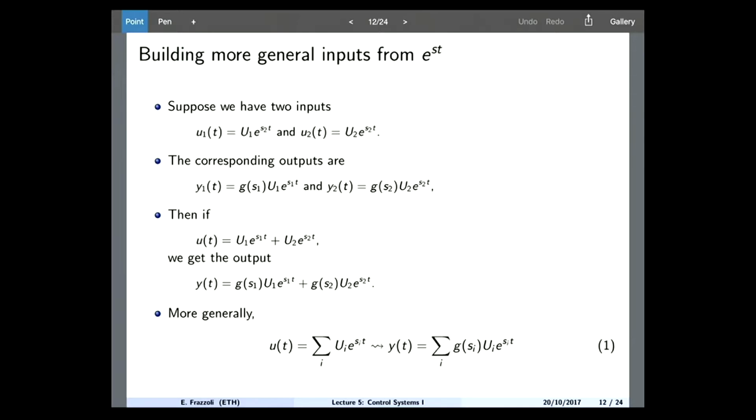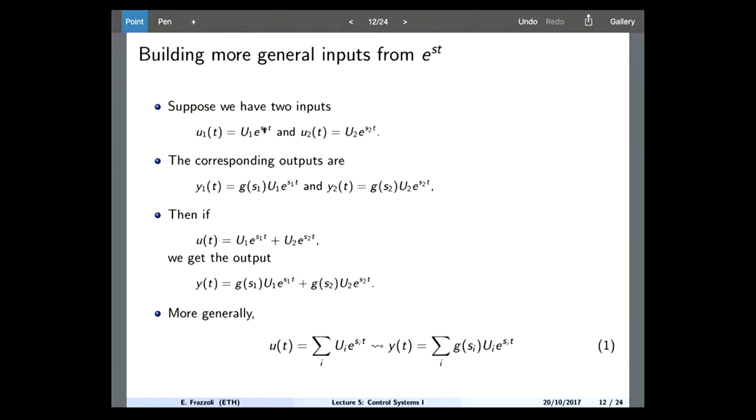In particular, let's say that we have two inputs. One is, oh, this should have been a 1, clearly. So I have two inputs, u1 e to the power s1t, and u2, where u2 is whatever constant, times e to the power s2t. y1 will be given by this expression, y2 will be given by this expression.